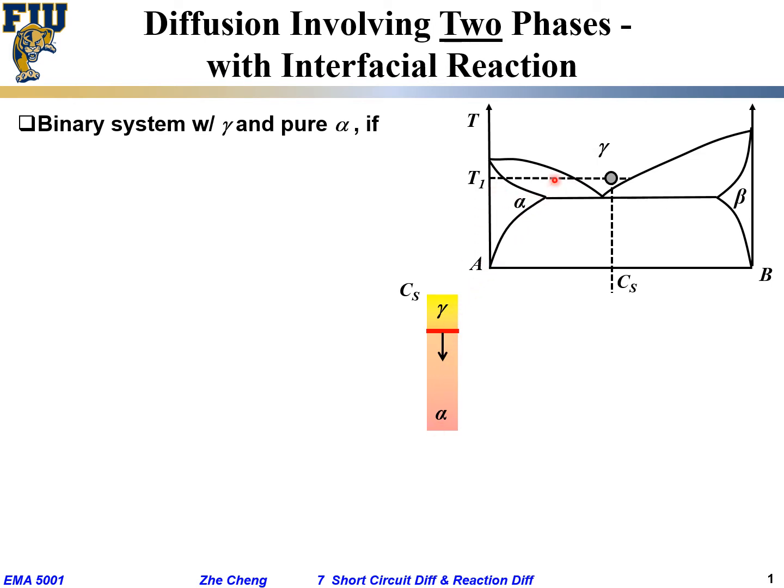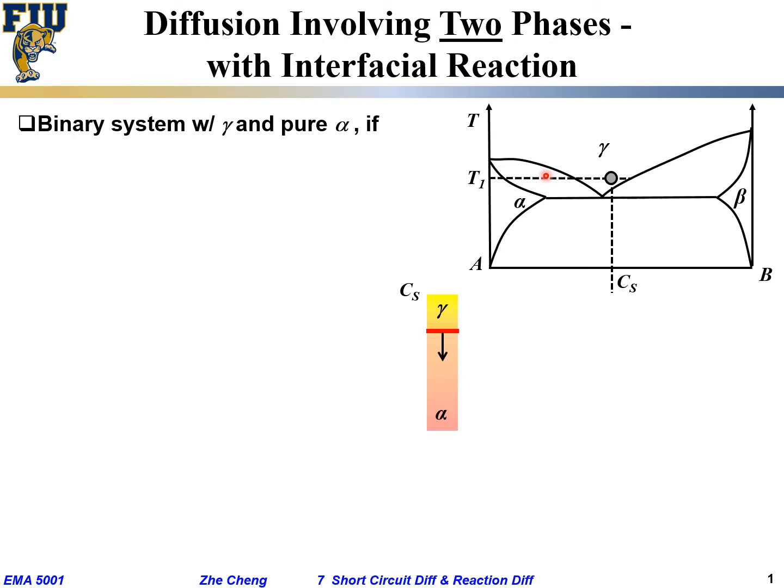Let's say our system's overall composition is somewhere here. On the equilibrium condition, we should end up with how many phases? Two phases, right?